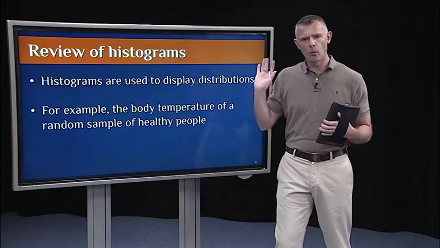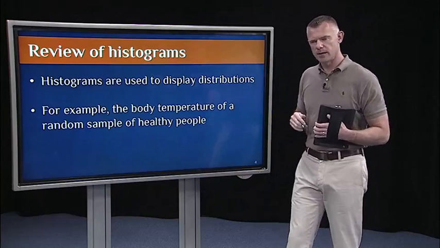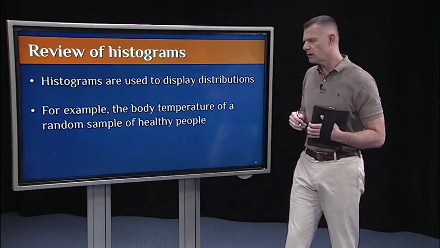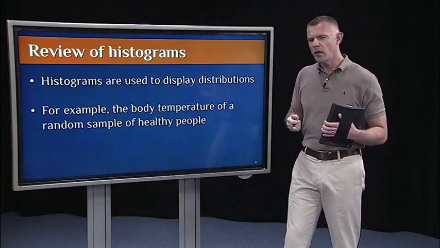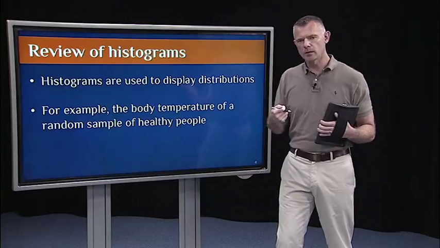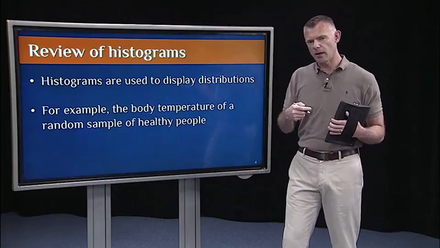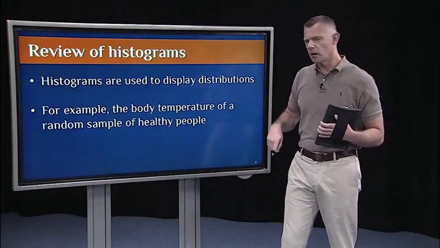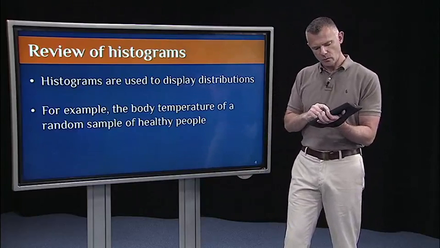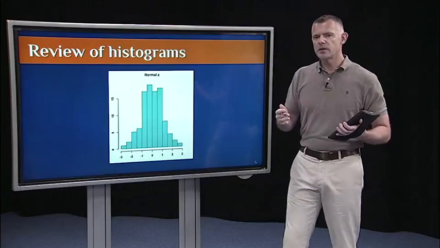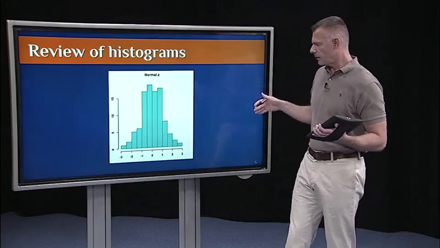So remember way back in the second week we talked about histograms, and they're used to display distributions. And one that I relied upon a lot was a histogram to display a distribution of individuals and their body temperatures. If we converted everything to z-scores, it looked like this.